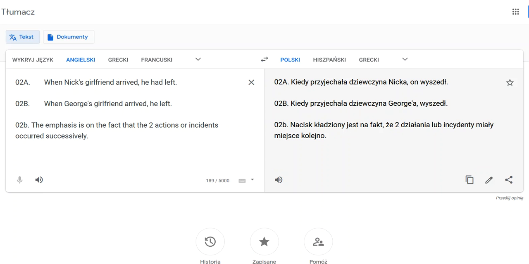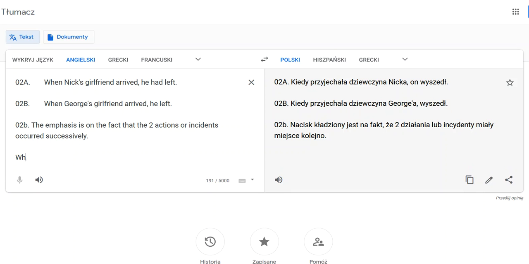Okay, we are interested in that they occurred successively. And when the context points that the emphasis is on the successiveness of the actions or the incidents, we need to use simple tenses, okay?